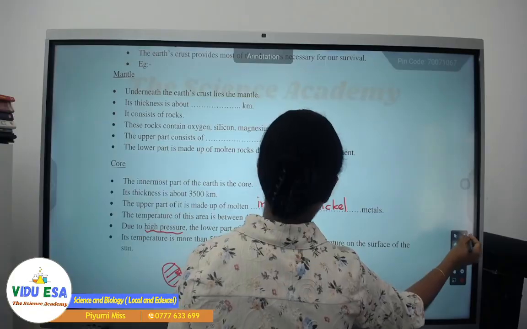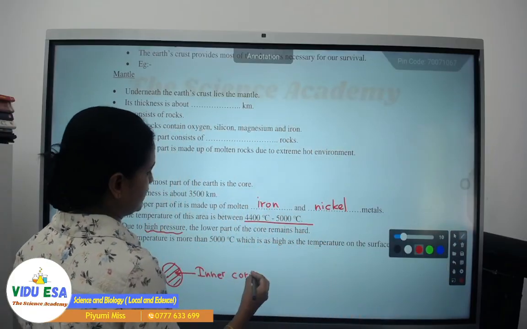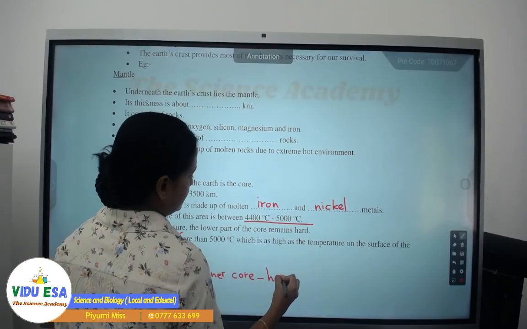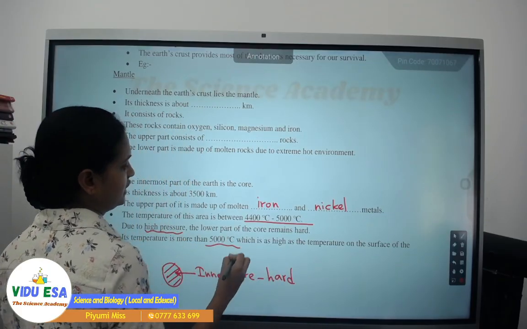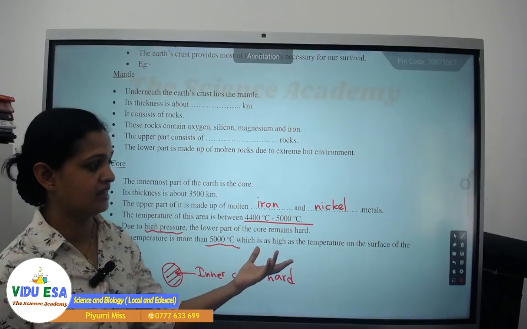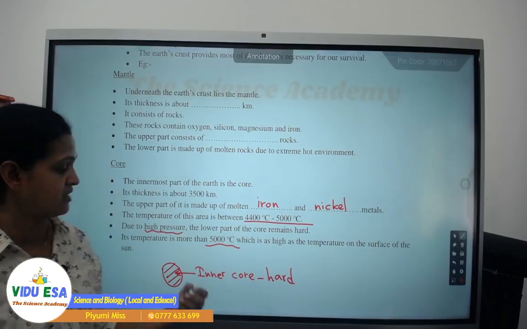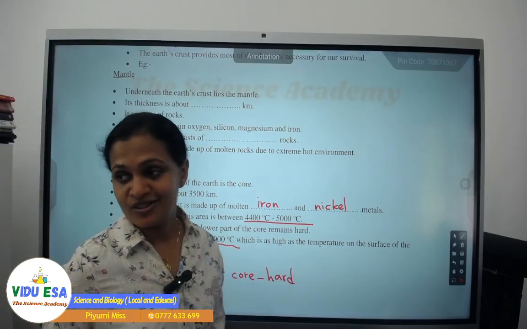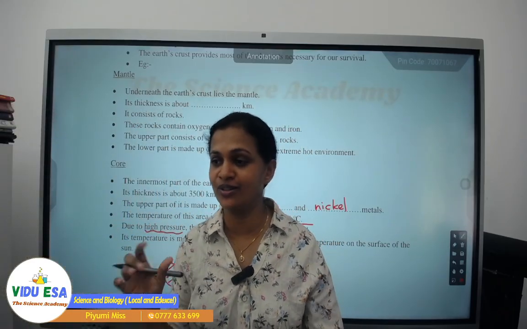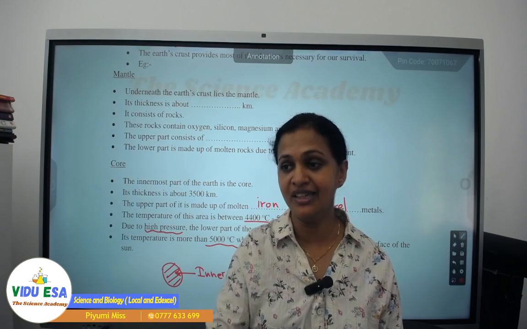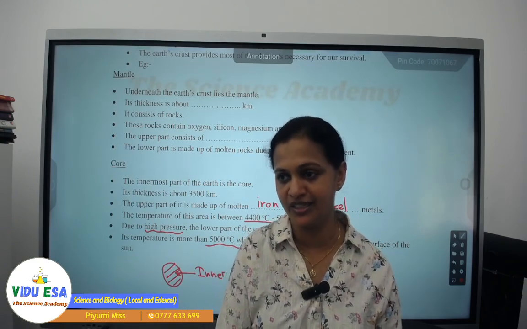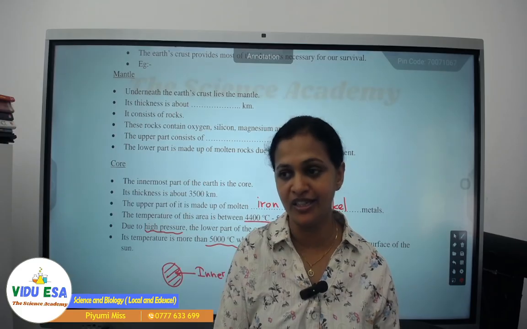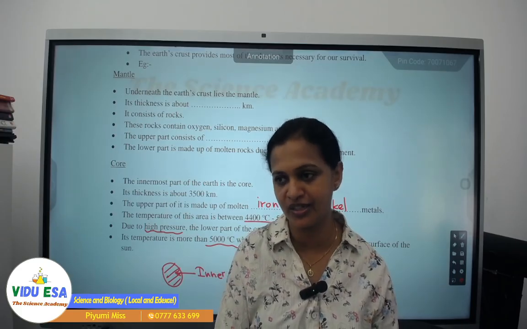Then its temperature is more than 5,000 degrees Celsius, which is as high as the temperature on the surface of the sun. Right? The temperature is similar to the temperature on the surface of the sun in the innermost part of the earth. The temperature of the inner core is more than 5,000 degrees Celsius.